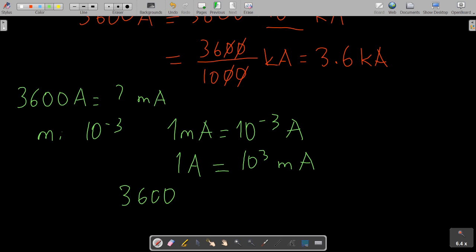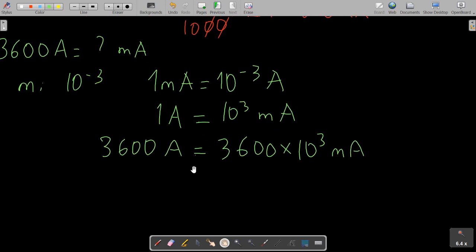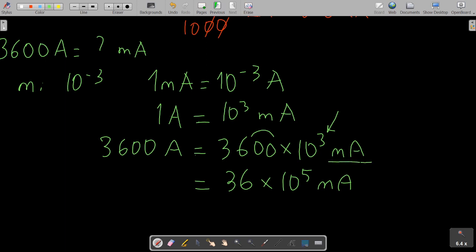Okay, therefore 3600 amps is going to be 3600 times 10 to the power 3 milliamps. Okay, we can write this nicely: 36 times 10 to the power 5, because 3 zeros from here and 2 zeros from here, and the unit is not changing, milliamps.